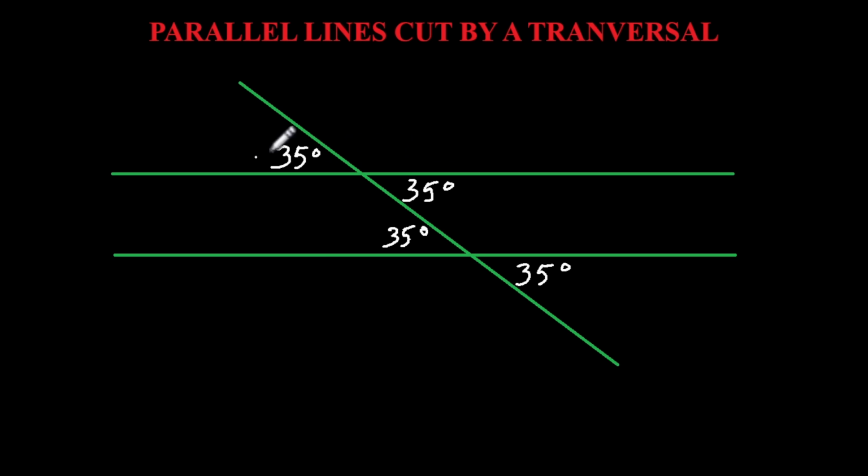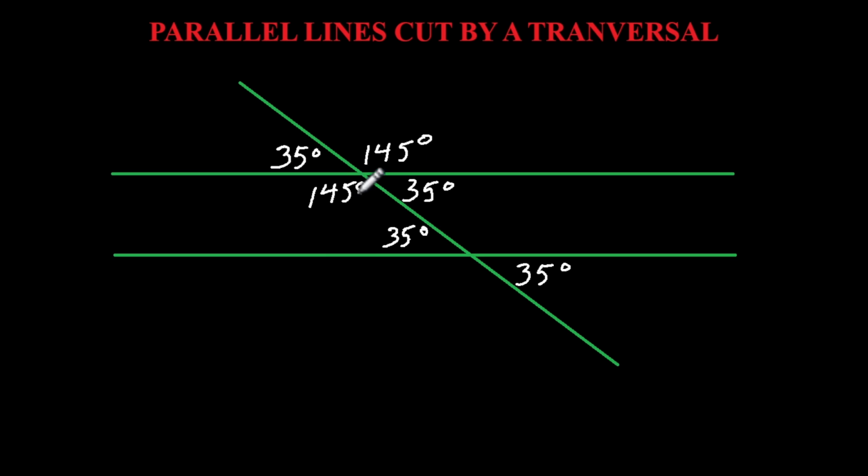Now, in order to get this angle over here, x, I know that 35 degrees plus the unknown angle must equal 180 degrees. So if I did 180 minus 35, I get 145 degrees. Well, again, if I have this 145 degrees, this is a vertical angle, so this is also 145 degrees.